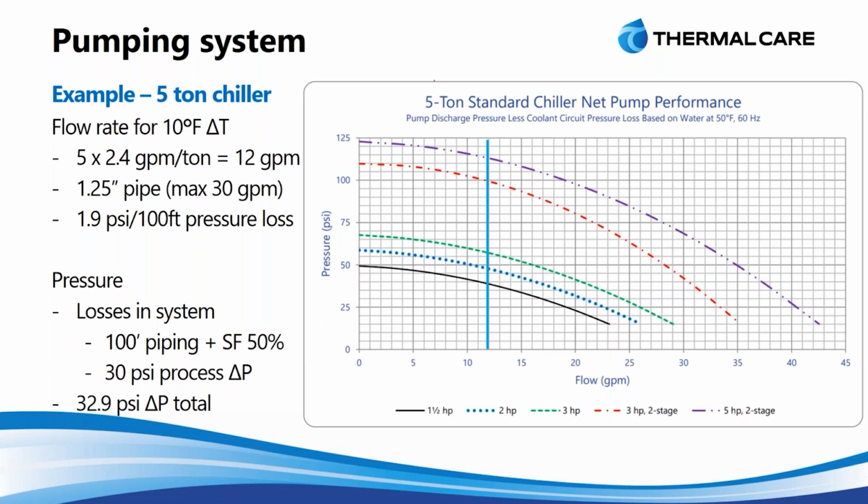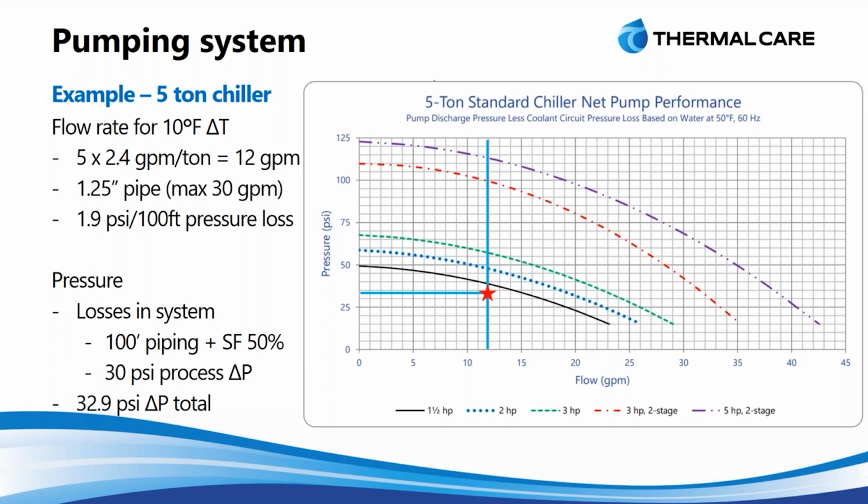So based upon the 1.9 psi loss per 100 feet at 150 feet total equivalent piping, plus the 30 psi loss, we're looking at a total delta P of about 33 psi. So we go over to our graph and we plot that on there. Now we know our design point.